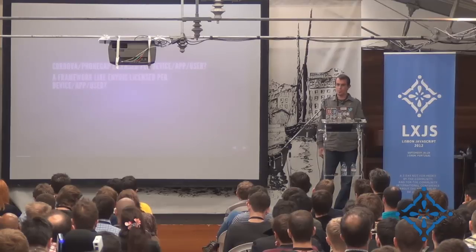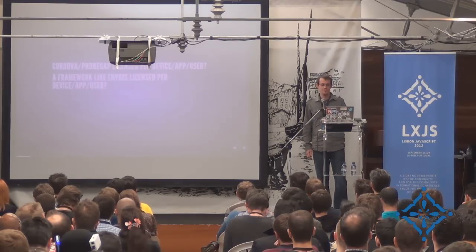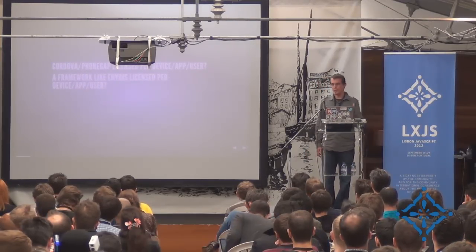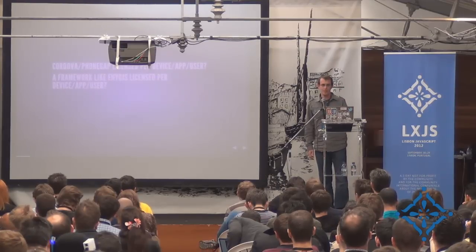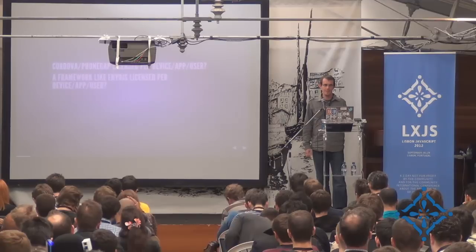So, just for a moment, try to imagine a parallel world where a tool like PhoneGap would be licensed by device, or per app that you create with it, or even per user that's using it. Or a framework like our own, Enyo, would be licensed per device, per app that you create, or even per user that uses the app.